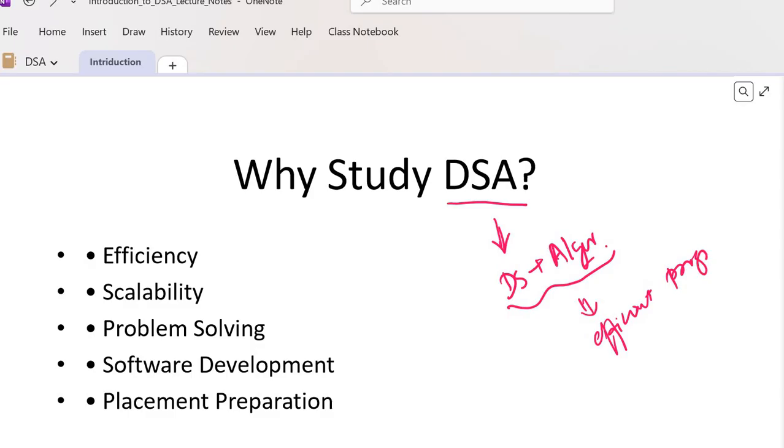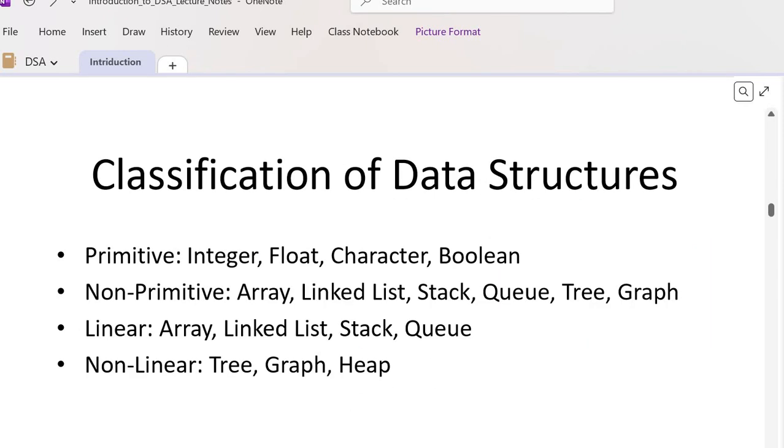This is called the efficiency and scalability of the program and the solutions for solving the problem, and it is majorly used for software development and for placement preparations.